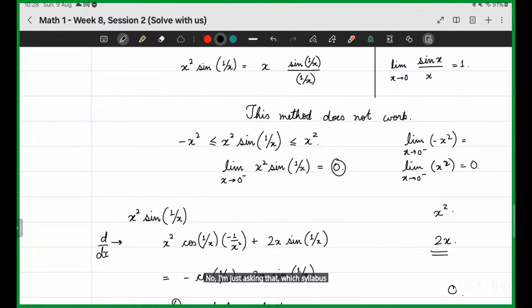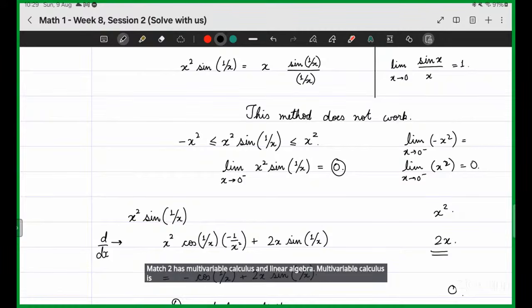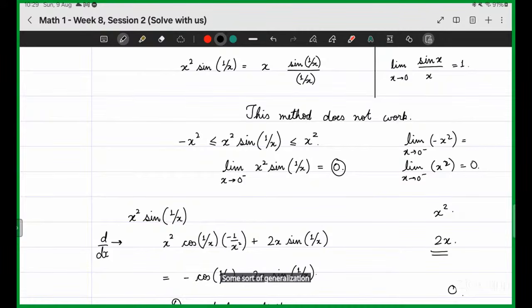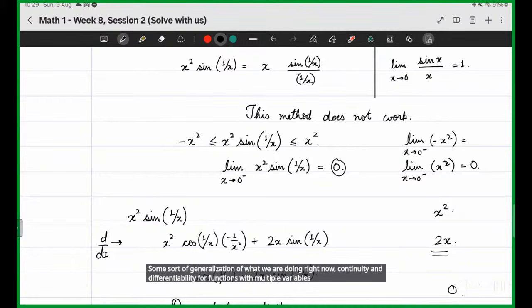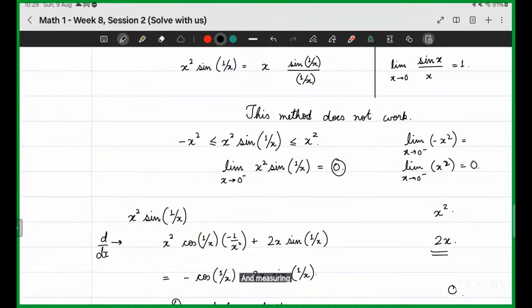Maths 2 has multivariable calculus and linear algebra. Multivariable calculus is some sort of generalization of what we are doing right now, continuity and differentiability for functions with multiple variables. So in this case, you have functions from R to R: there is one input, there is one output. In Maths 2, you will have multiple inputs, like R3 or R2 to R functions, and measuring rate of change of those functions.